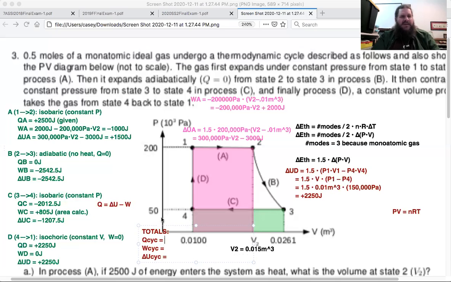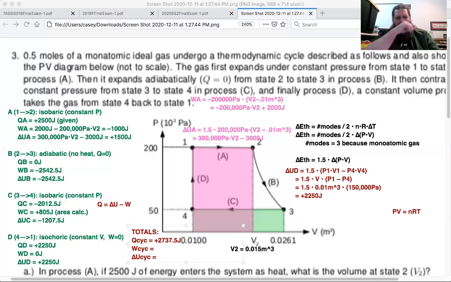If we add up all the heat, we've got 2,500 plus 0 plus negative 2012.5 plus 2250, I'm getting 2,737.5. So that means over the course of one full cycle, we are adding that much heat to the system.